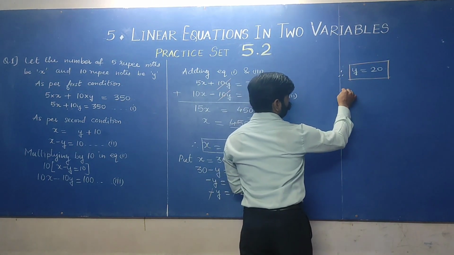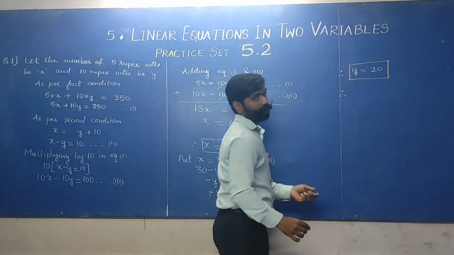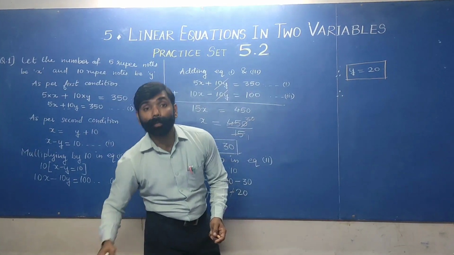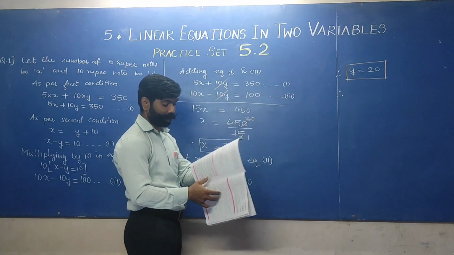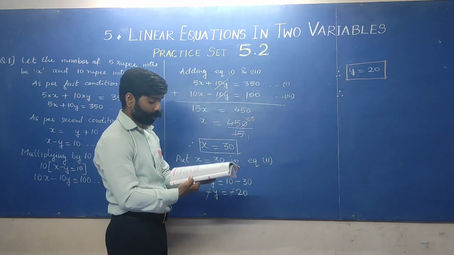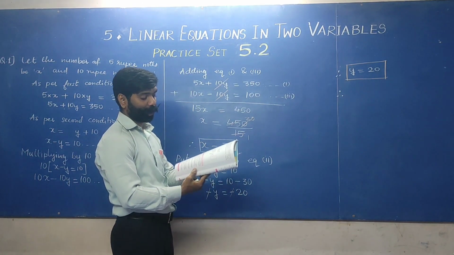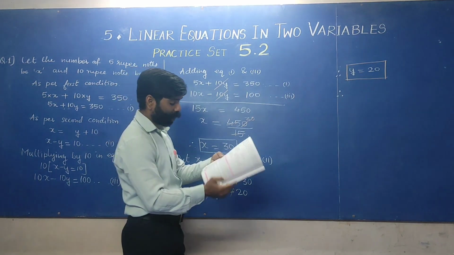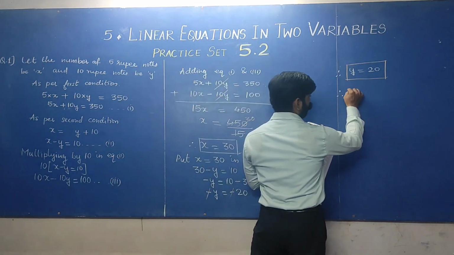So I will write the sentence in words because it is a word problem. The question asked to find the number of 5 rupee and 10 rupee notes, so I will just copy it from the question.